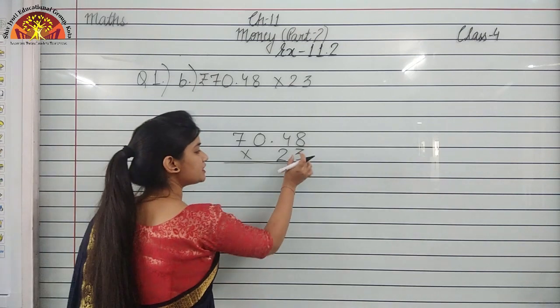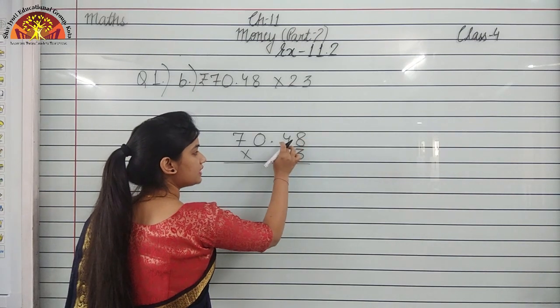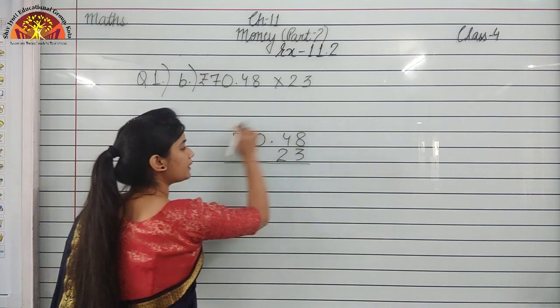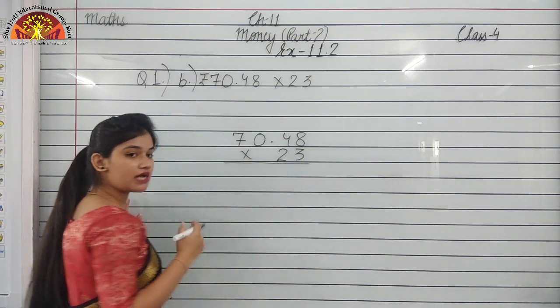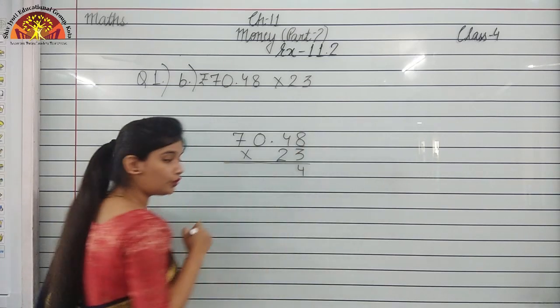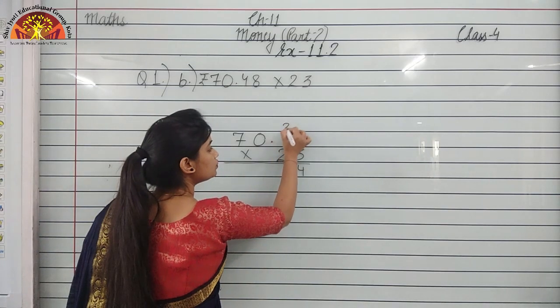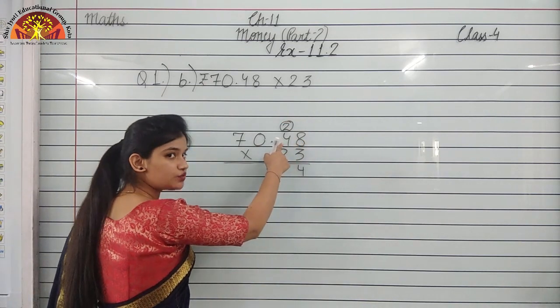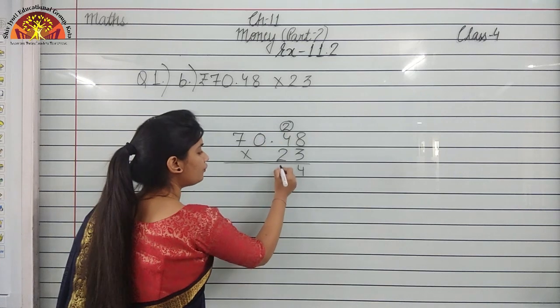So students, just look here, how can you multiply these numbers? First you will multiply 3 by 8, then 4, then 0, and then 7. Then you will multiply this number by 2. Okay, so we are starting from 3. 3 8s are 24. So 4 you will write here and 2 you will write here. Now 3 4s are 12 and 12 plus 2 is 14.